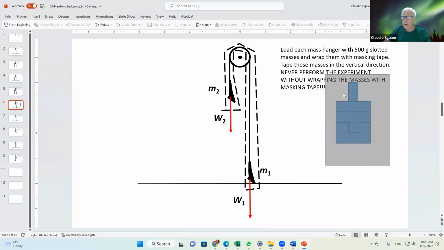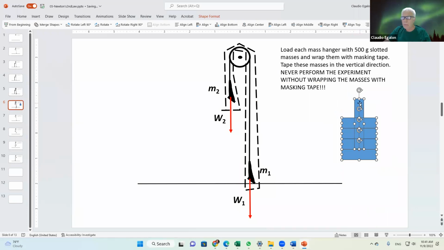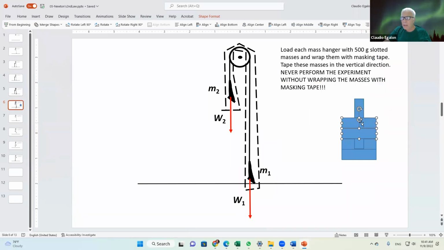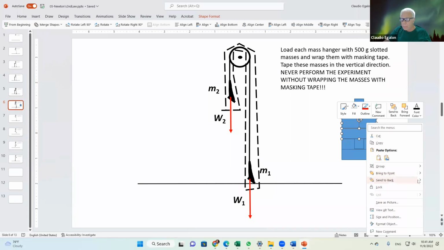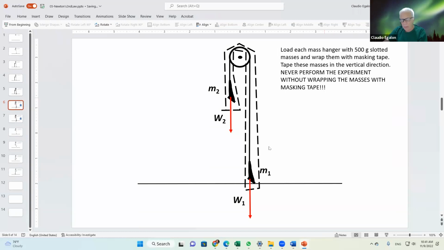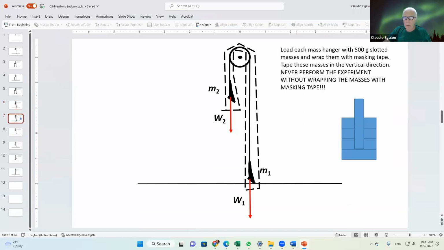And let's say this one is M2, which is the heaviest one. Send to back. Okay. I'm going to even put it in a separate slide so you don't get it too busy here.